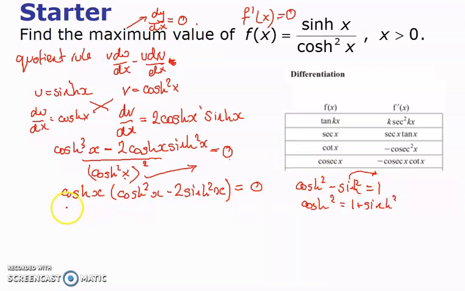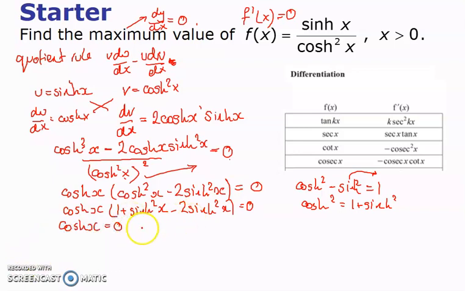So I'll bear that in mind. It becomes cosh x times, cosh squared is 1 plus sinh squared, minus 2 sinh squared. Which gives me either cosh x is equal to 0, or if I tidy this up, 1 minus sinh squared x equals 0, sinh squared equals 1. So there's my two potential answers.